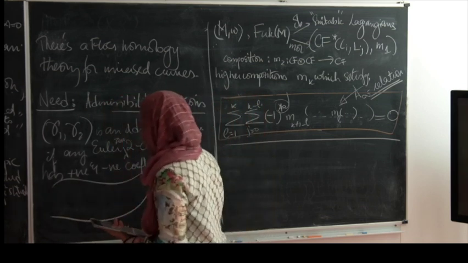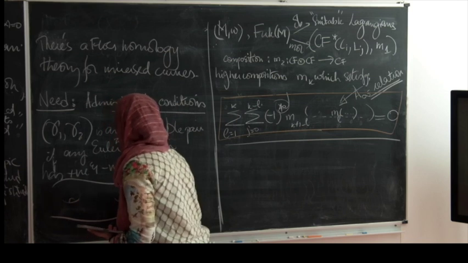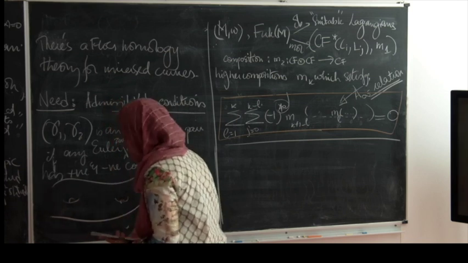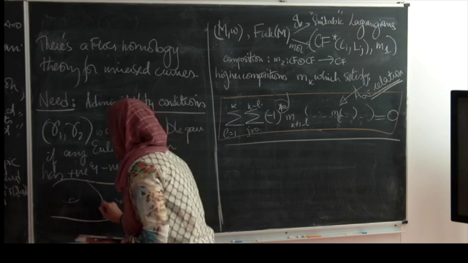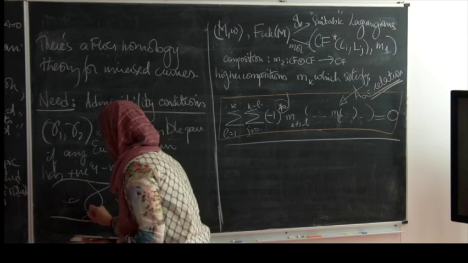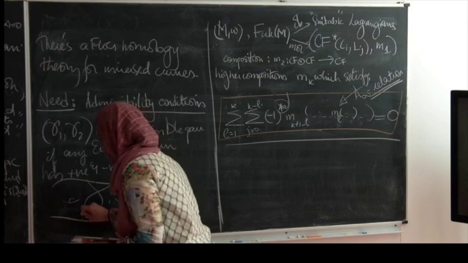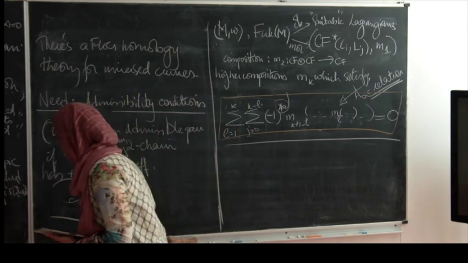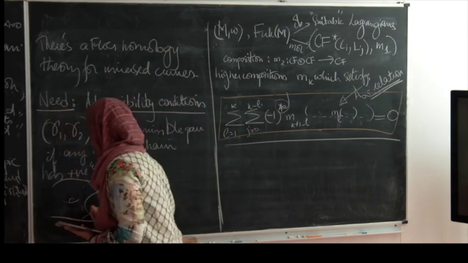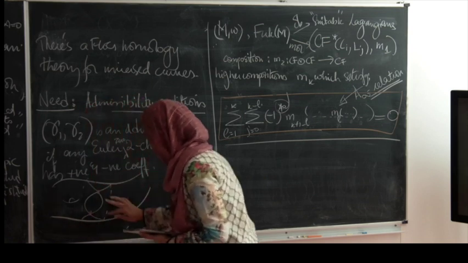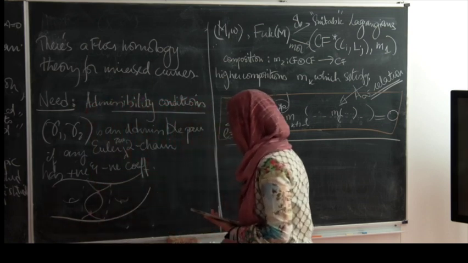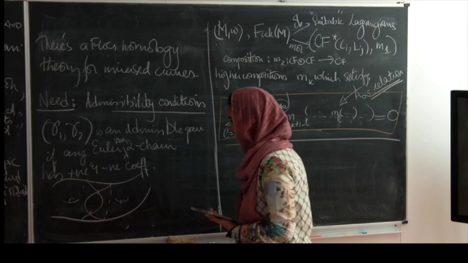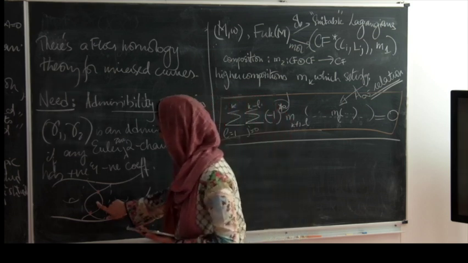If you take two curves that intersect, you see two intersections between these two curves, and between the curves you see two regions.